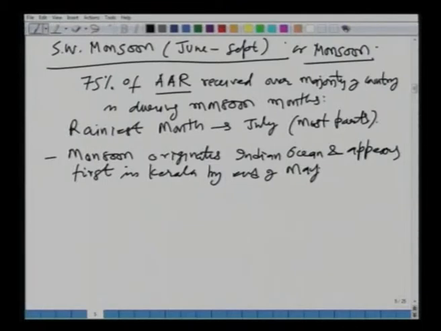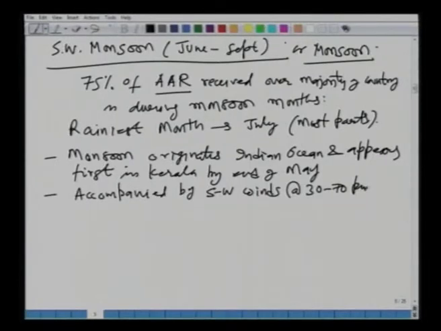Okay. And then this monsoon is accompanied by southwest winds, all right, of the order of or at approximately 30 to 70 kilometers per hour. Okay.